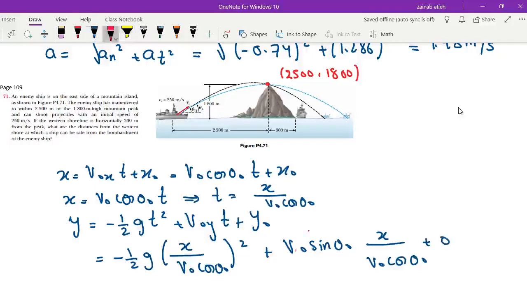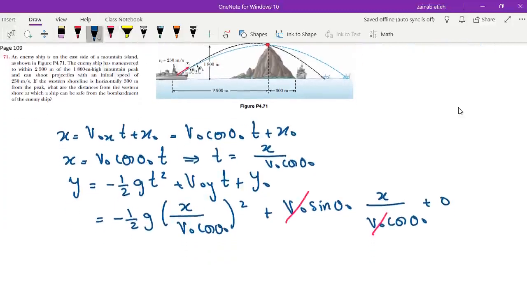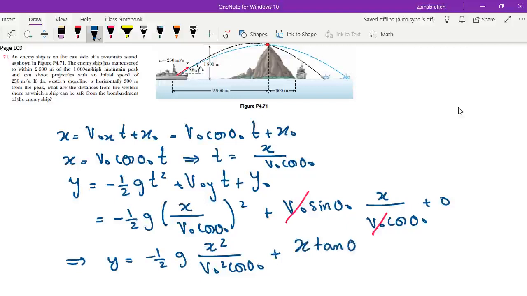So this v0 with v0 is cancelled, and I will get tangent theta. This implies y is equal to minus half g x squared over v0 squared cosine squared theta 0, plus x tangent theta 0.